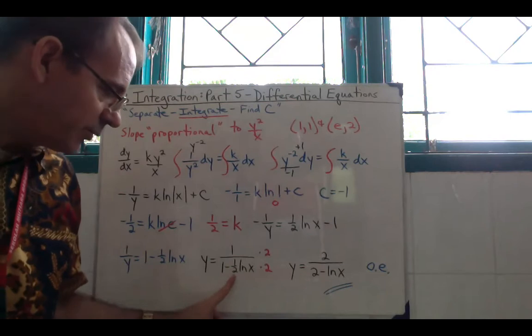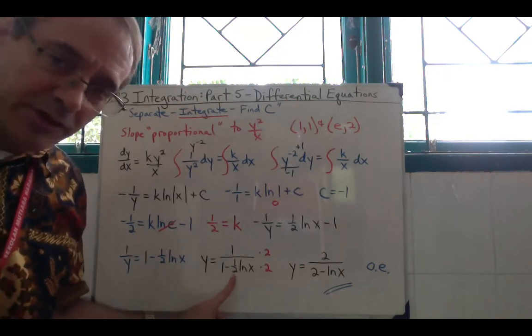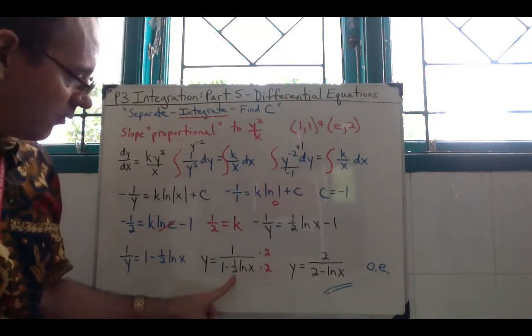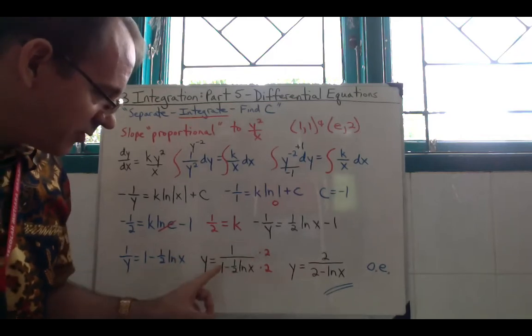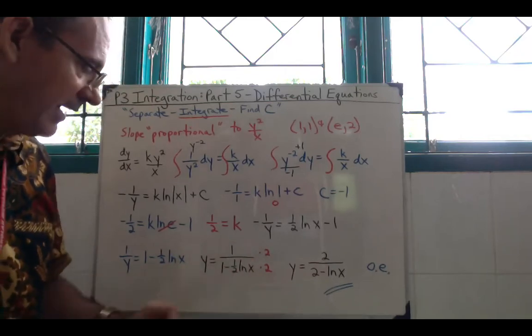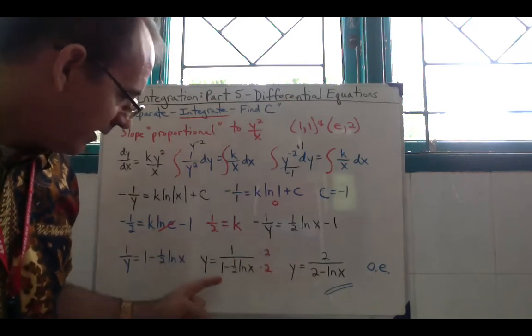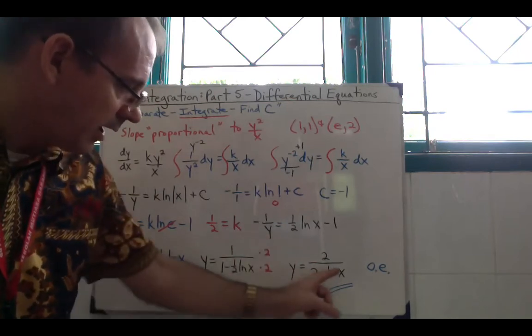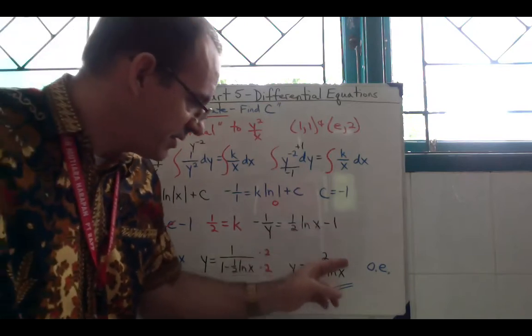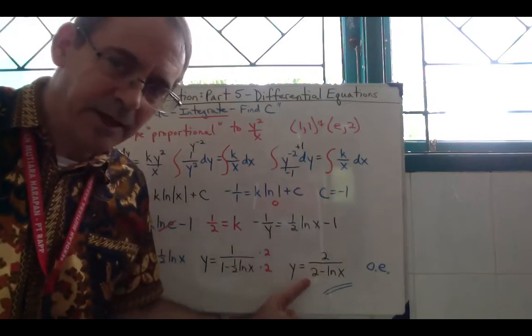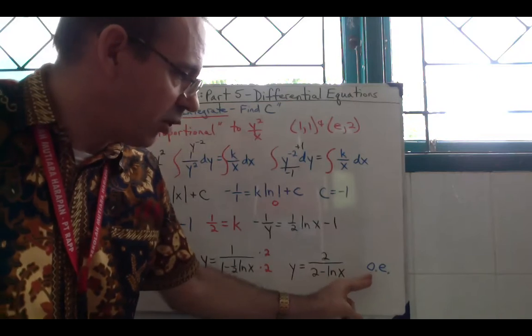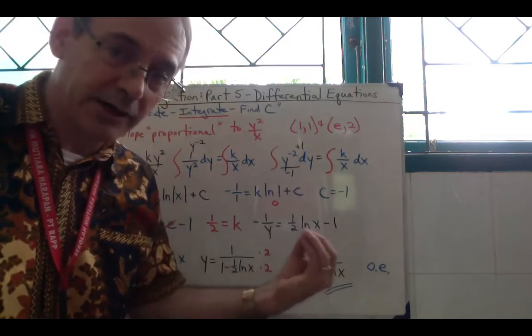So we need to deal with this 1/2. There's more than one way to do it. What I've done is just multiplied top and bottom by 2 to cancel it out. And so we end up with a 2 on top and a 2 minus ln x on the bottom. This is the answer that you'll see in the mark scheme, but you'll also notice it says OE, which means or equivalent.